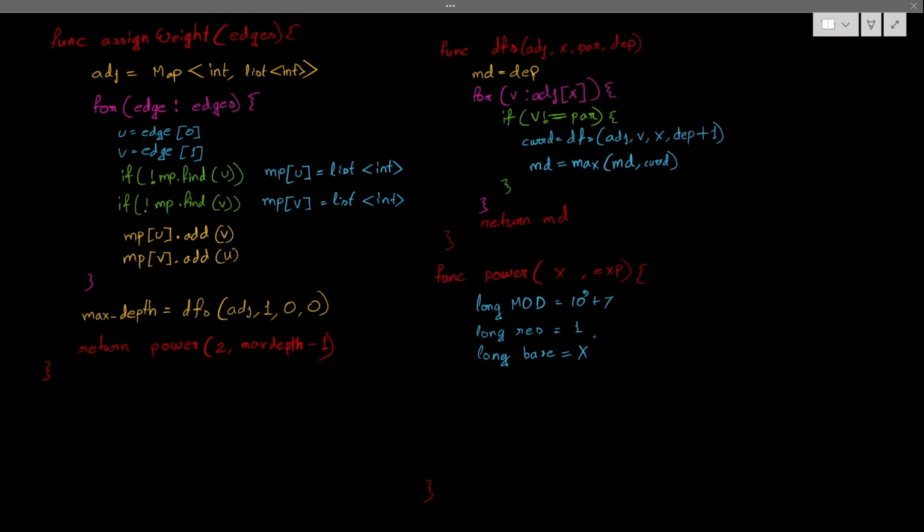Okay, now the formula is like this. Instead of exp I'm writing y, so it will be easy. While y is a valid number, I'll do an if. I'll explain in a little bit why this is happening. This is a bitwise AND.